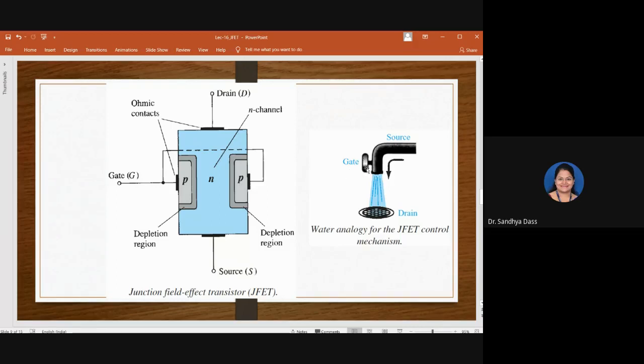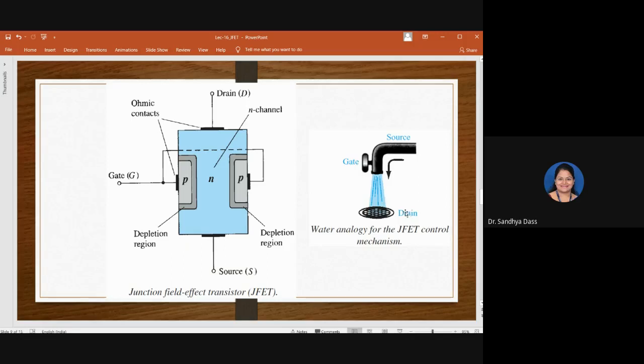And that is the valve here in the analogy. So the amount of water is controlled by the valve, the gate valve here. In other words, according to our JFET, you can understand the amount of electrons getting attracted towards the drain is controlled by the gate terminal.